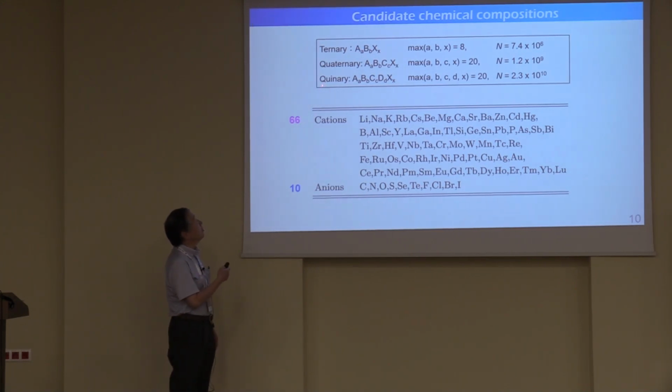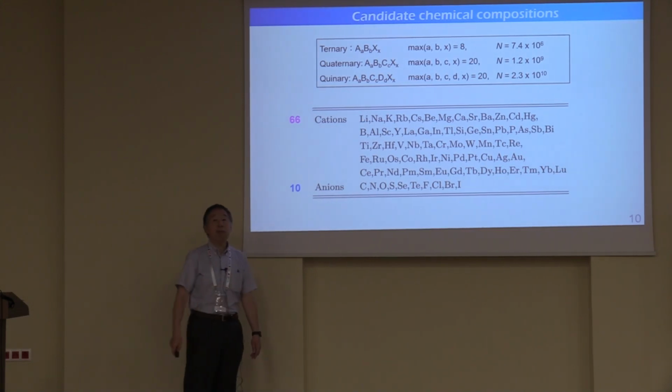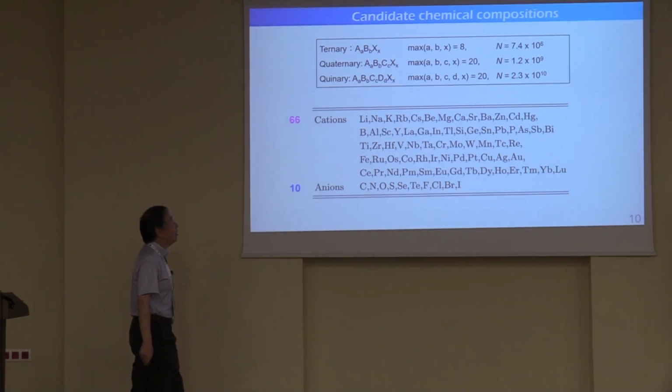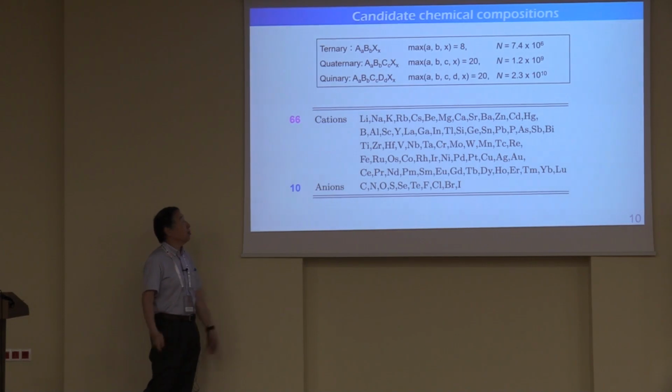In the case of a quinary system with the small numbers less than 20, it becomes 23 billion. It is a lot of combinations and a huge chemistry space.